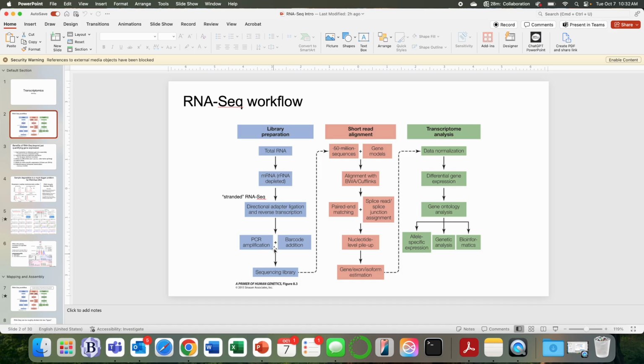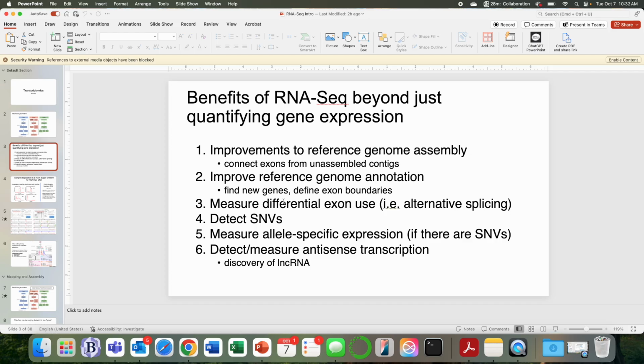Library prep is a little bit different, just in terms of extracting RNA instead of DNA. One of the benefits of doing RNA sequencing, beyond just quantifying gene expression, is that it can improve reference genome assemblies.